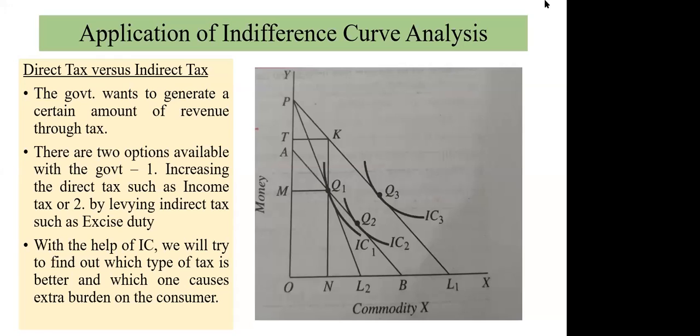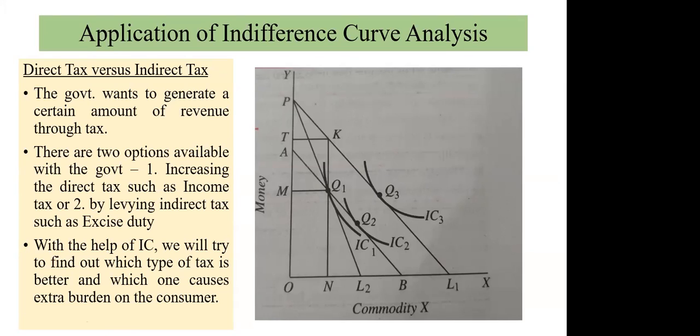So suppose with the initial income, the consumer is on the price line PL1. And on this price line, he is on the indifference curve IC3, where he is in the equilibrium position at Q3, because this Q3 point is the tangency point between IC3 and PL1.